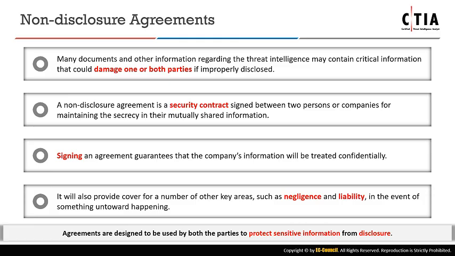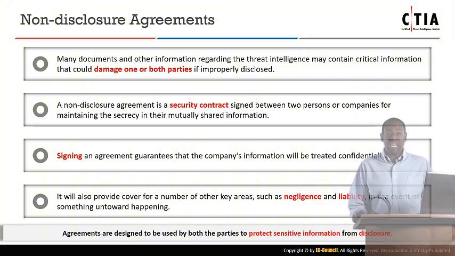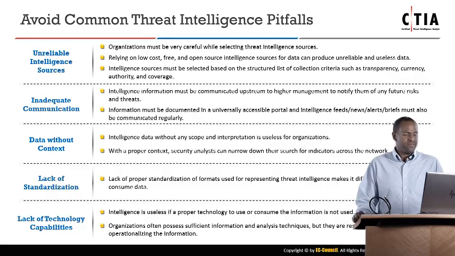And it also guarantees that they have the right to take legal and punitive action if that contract is violated. Right? So if there is any negligence, you have liability with this contract. So we want to make sure that we make use of NDAs and that if our organization is involved in an NDA, that we faithfully adhere to the NDA.